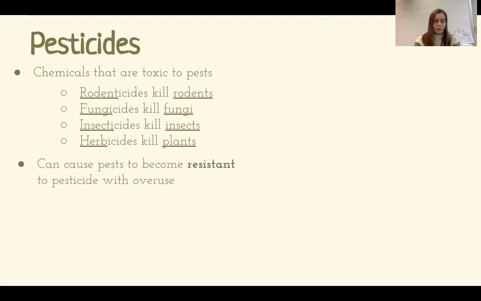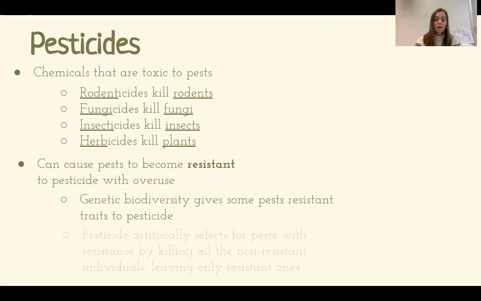Unfortunately, overuse of any pesticide can cause pests to become resistant to that pesticide. And this is through that evolutionary adaptation. Genetically, some pests are naturally going to be resistant to any pesticide. And of course, because those who are resistant to it are more likely to survive, they're more likely to pass those traits on to their descendants.